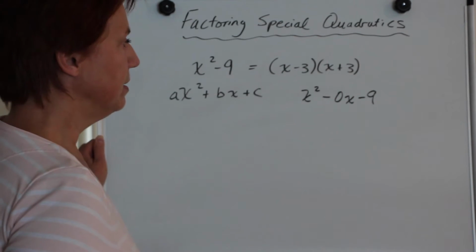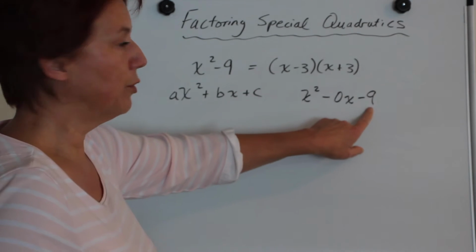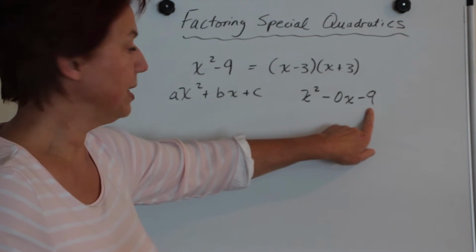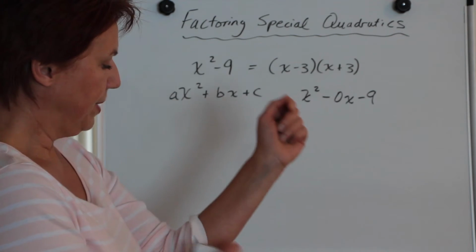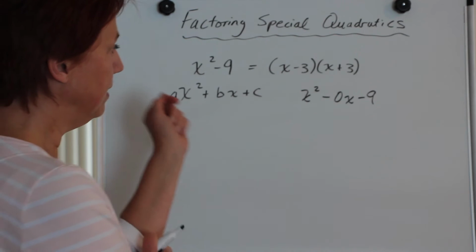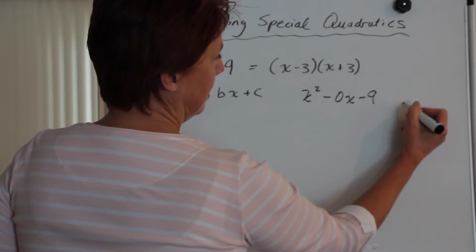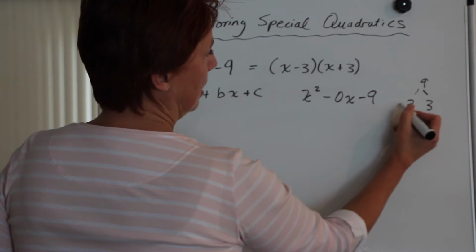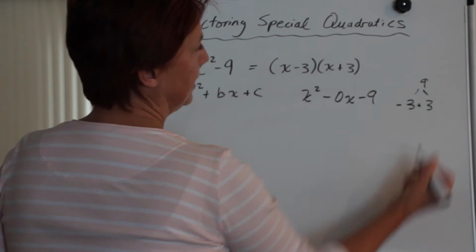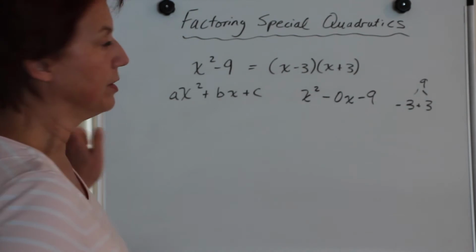So if we look at this in the way that we've been looking at the other factoring quadratics, what we're looking for is a pair of numbers that multiplies to make 9, adds to make 0. Now, there's only one pair of numbers that does that for 9, and that's plus and minus 3. So if we take 3 and 3, and say that one has to be a positive and that one has to be a negative, then you can see how we end up with these factors.